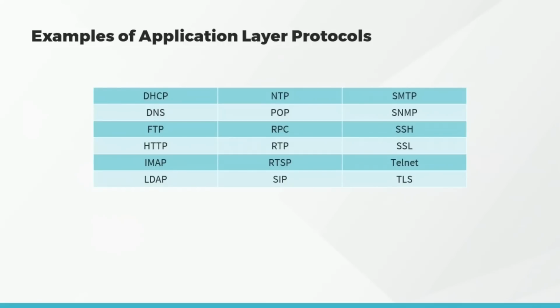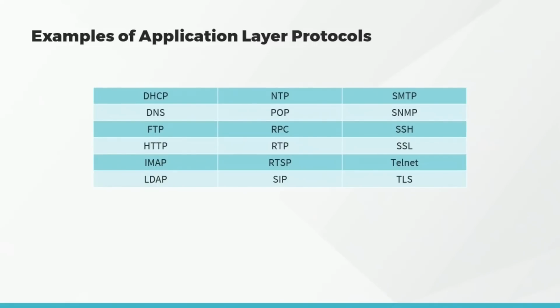Other examples here include DHCP, which is the Dynamic Host Configuration Protocol, which is responsible for assigning IP addresses to client systems, and DNS is the Domain Name System, which is responsible for resolving a name, such as www.myfavoritewebsite.com, to an IP address, so that TCP/IP can use the address, but we can use a simple and easy to remember name.